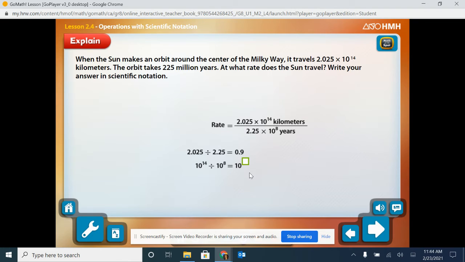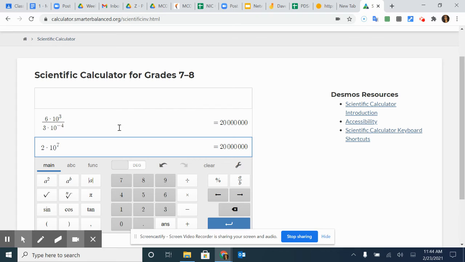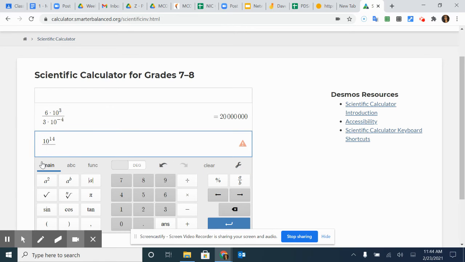Next, we'll divide the powers of 10. Ooh, let me show you how I can divide that using my calculator. 10 to the 4th power divided by 10 to the 8th power. So let's go to the SBAC calculator. What was it? 10 to the 14th power, and then divided by, was it 10 to the 8th?